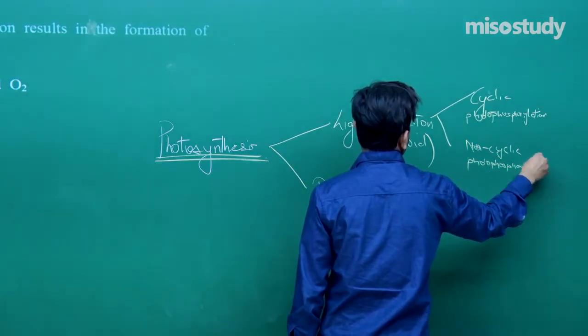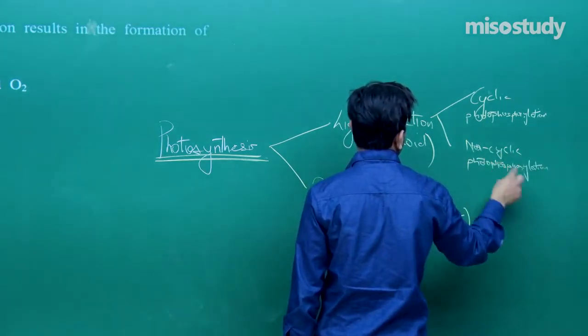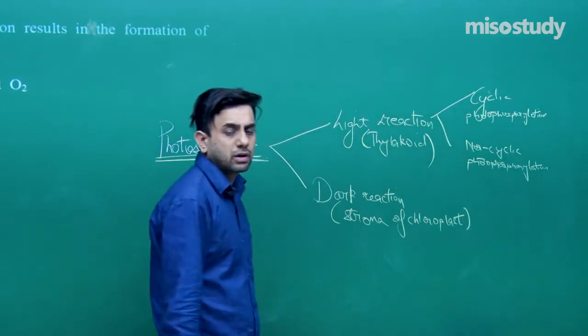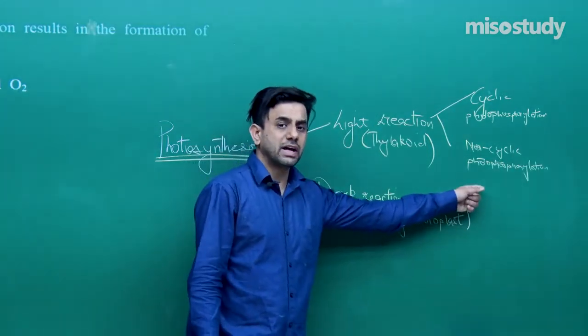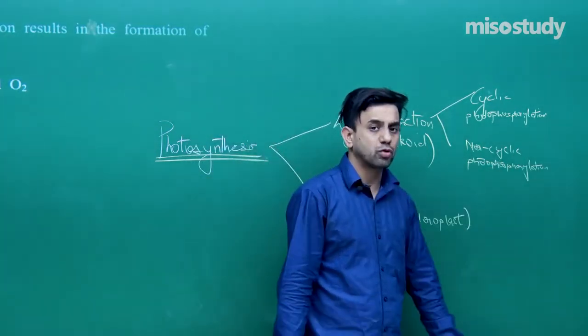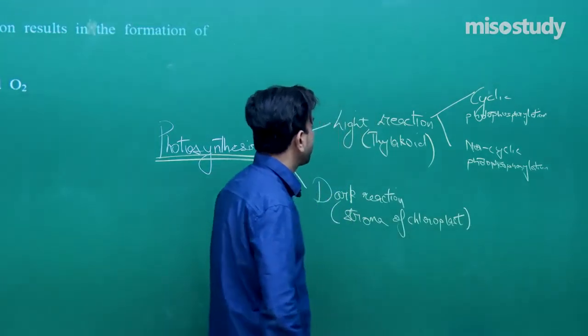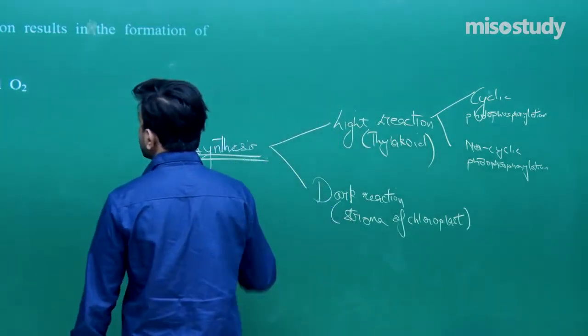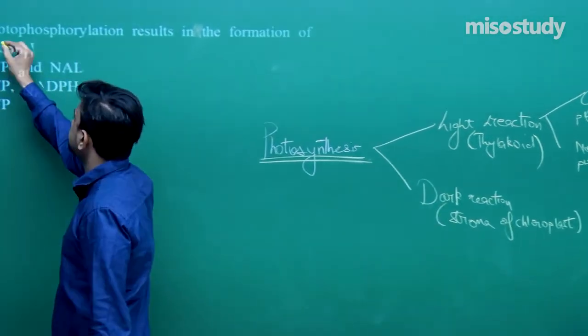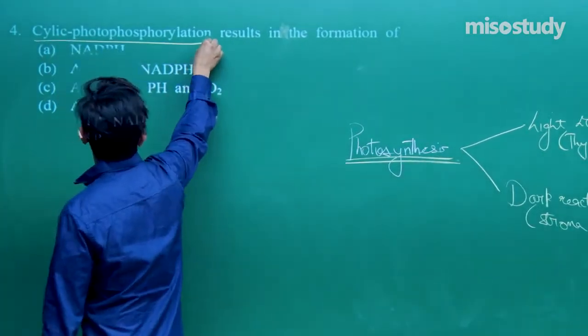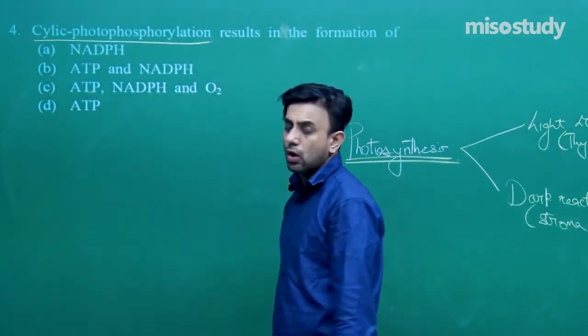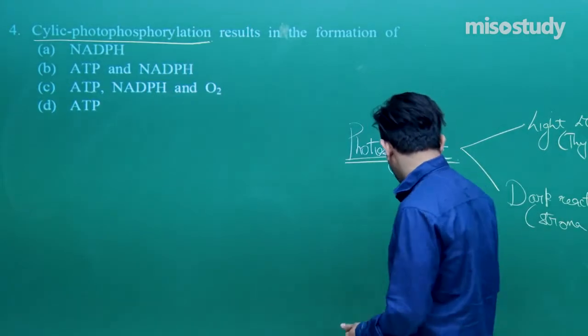Can you see here? The cyclic photophosphorylation and the non-cyclic photophosphorylation. Great. Now we are talking about the cyclic photophosphorylation. Why is this called the cyclic photophosphorylation?